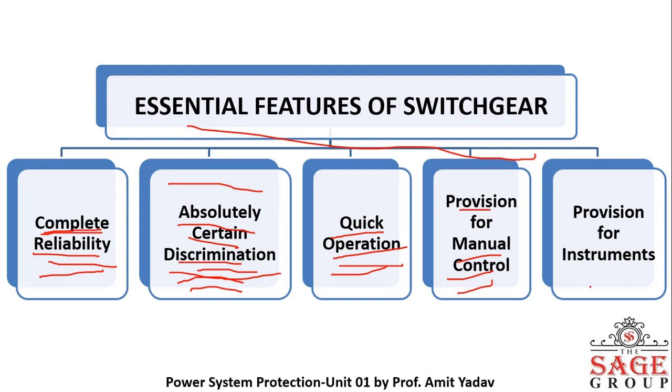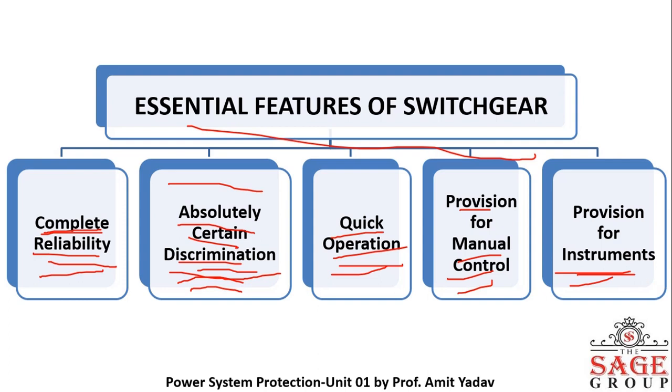The last feature of switchgears is provision for instruments. As you know, switchgears may have inbuilt ammeters or voltmeters for measuring current and voltage, but due to continuous use, these measuring instruments may give incorrect values or get damaged.